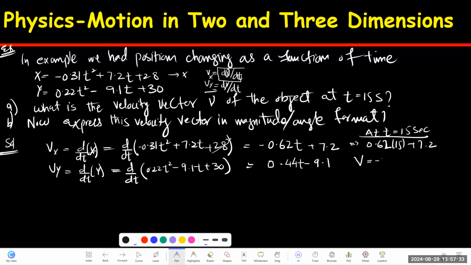Here I'm going to take the expression for vy and substitute the time 15 seconds, so it's 0.44 times 15 minus 9.1. If you substitute the values, this one comes out minus 2.1 meter per second, and this one comes out minus 2.5.